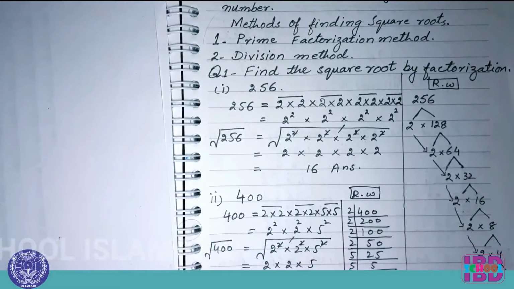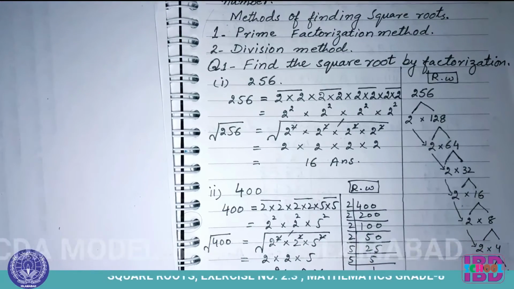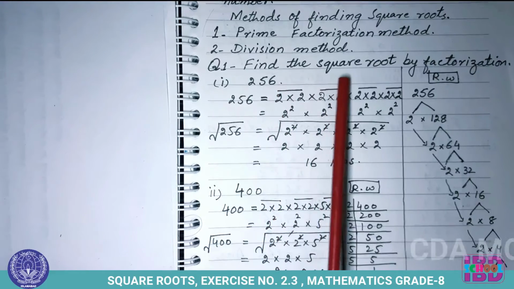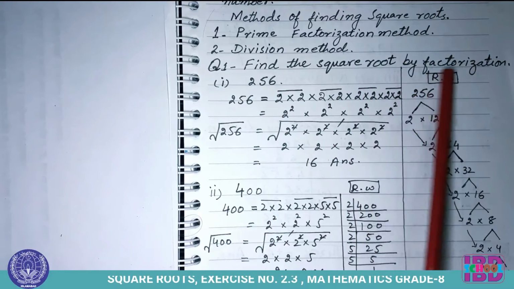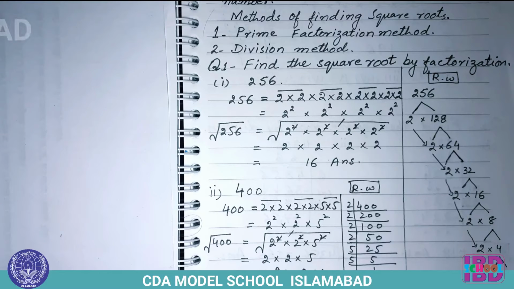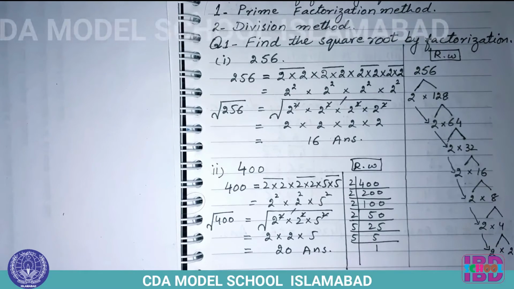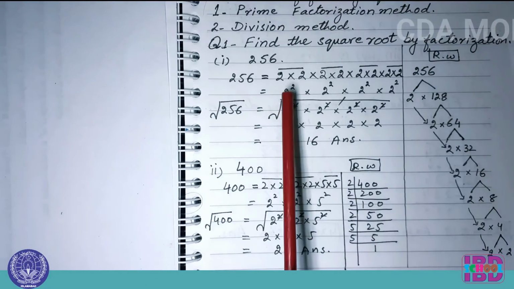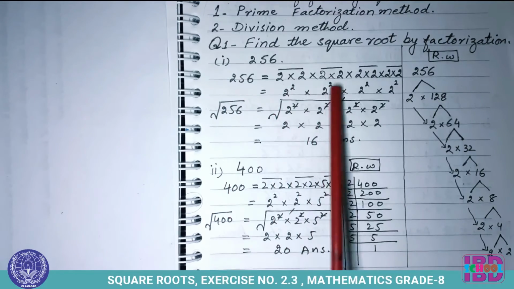Before starting exercise 2.3, question 1, which is find the square root by factorization, I want to explain the method you have learned in your primary classes. In this method, we split our given number into its prime factors.